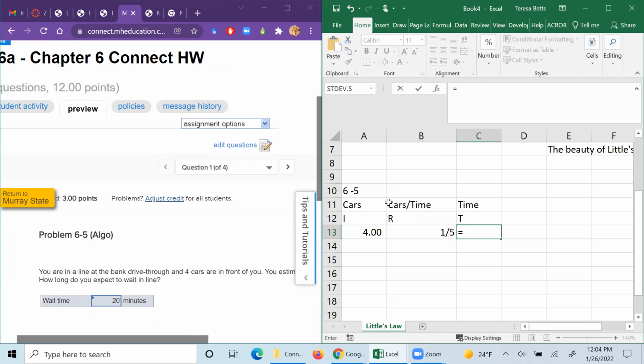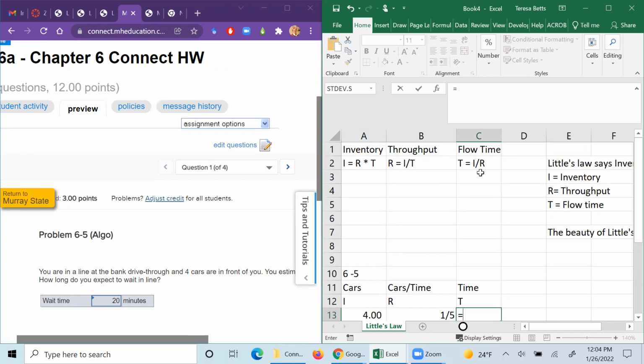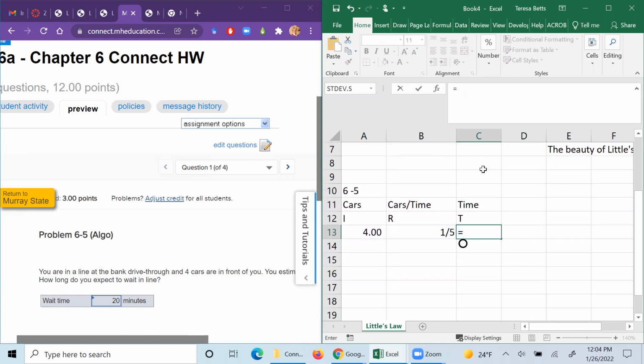So then to calculate my flow time, I use the formula that we have up here: flow time is equal to inventory divided by throughput. So I'm going to take inventory and divide it by throughput, and that tells me it takes 20 minutes to get through.